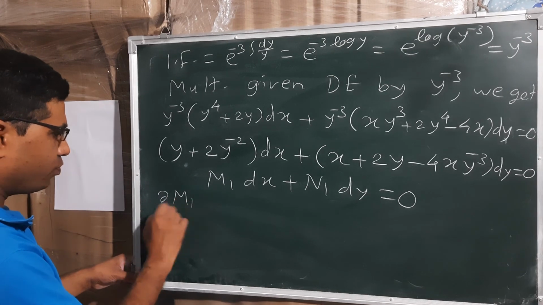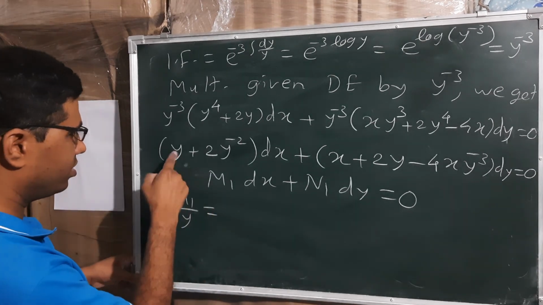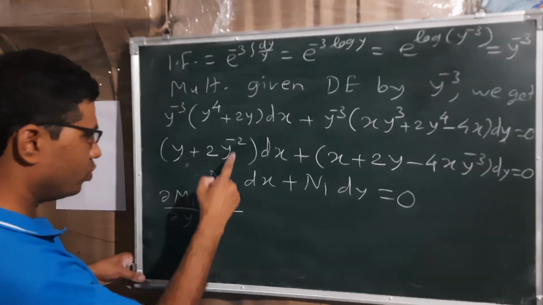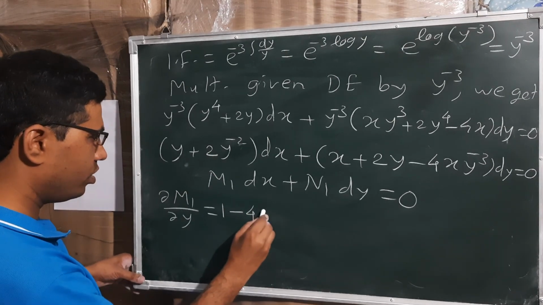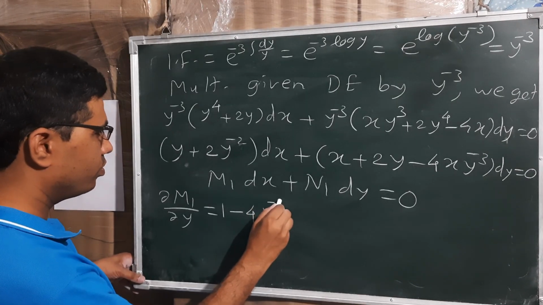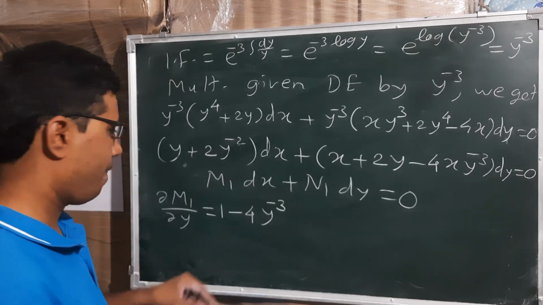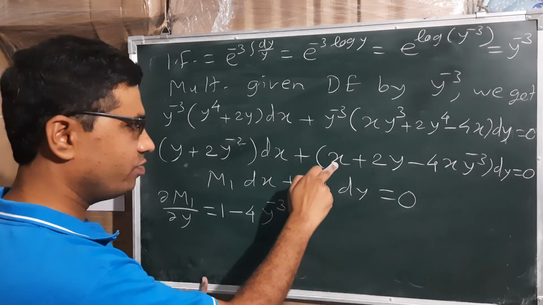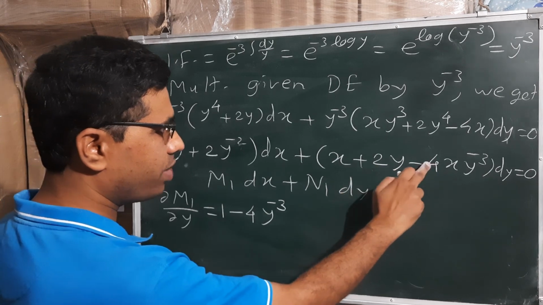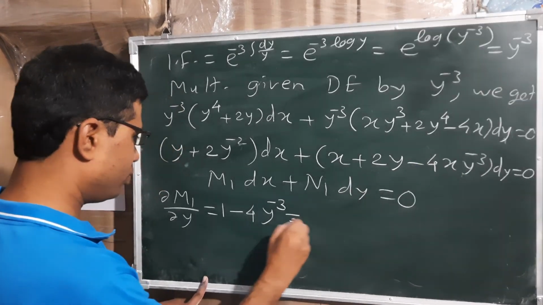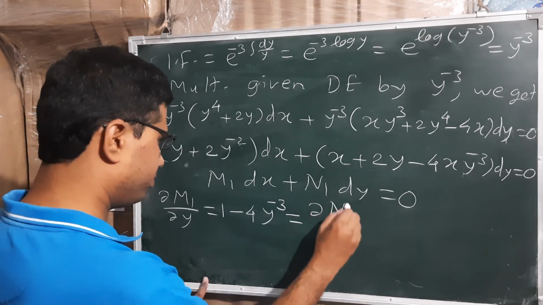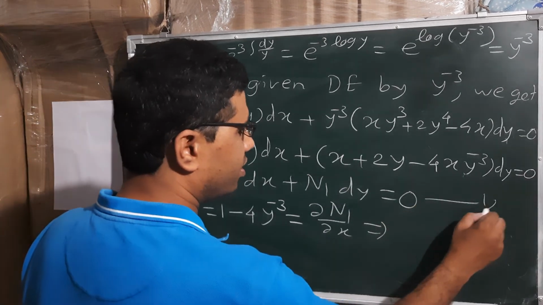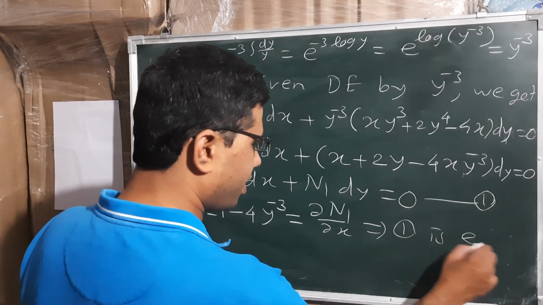So del m1 by del y is, with respect to y, it is 1, and this is minus 2 into 2, so minus 4y raised to minus 3. And del n1 by del x, with respect to x it is 1, and here it is minus 4y raised to minus 3, so these two are the same. So this one is exact.